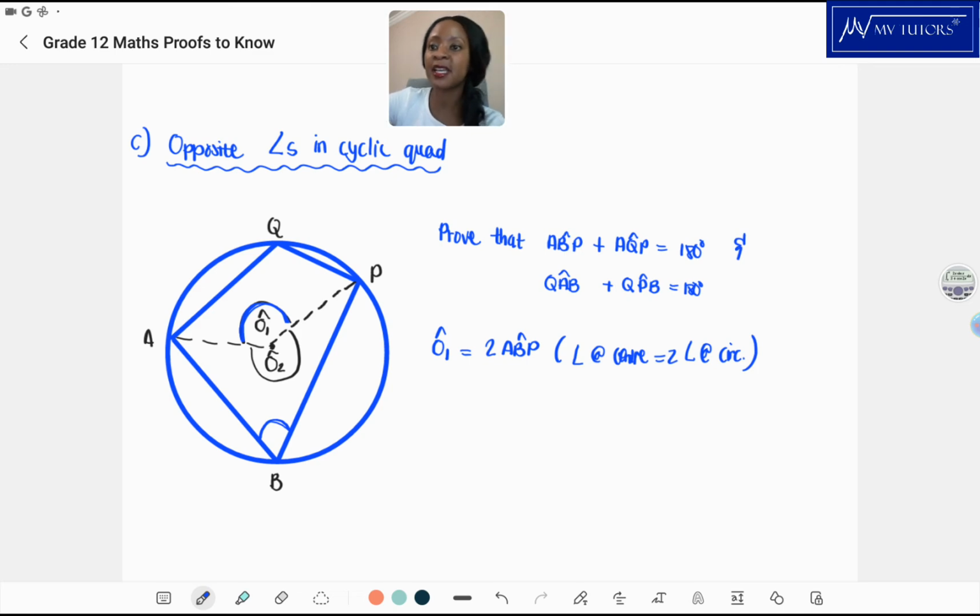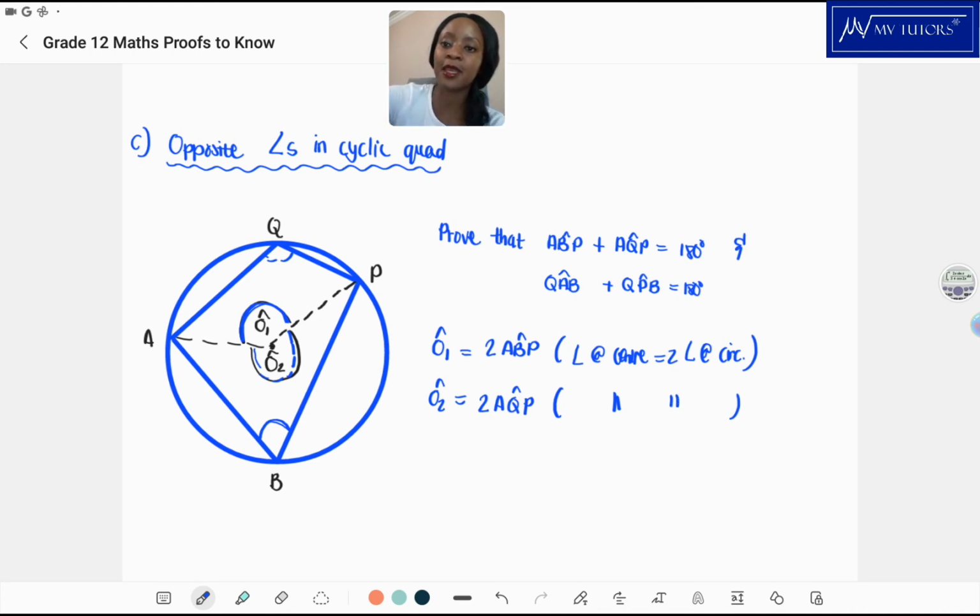Now we go to O2. O2 is this side. So that will be equal to twice Q, but we're going to say 2 times AQP, and we have the very same reason: angle at the center is equal to twice the angle at the circumference.